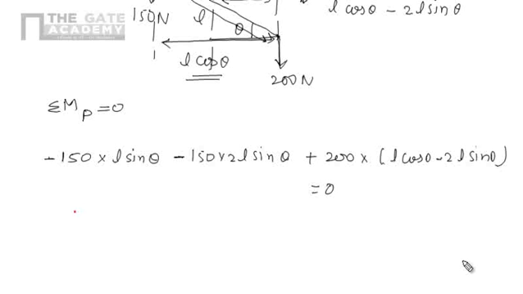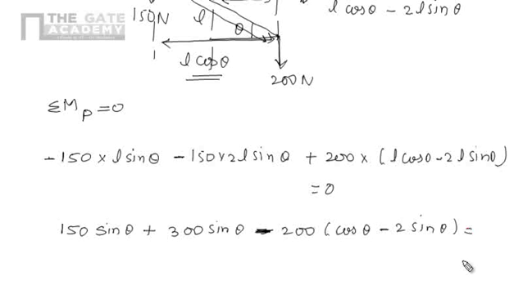Now we can easily simplify this. L we can cancel out. So here we have 150 sin theta plus 300 sin theta, minus 200 times (cos theta minus 2 sin theta) equals 0.